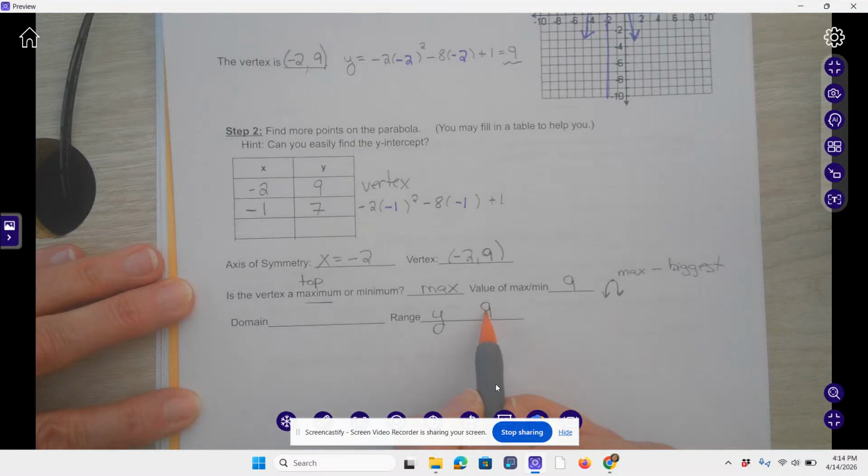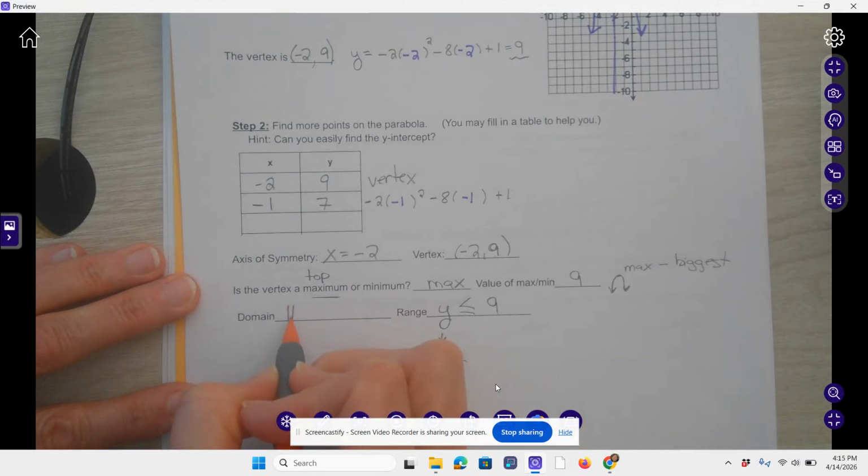That's the biggest y value, so this time I want to put the big wide open mouth by the 9. And I want to say all the rest of the y values are less than or under 9. 9 is at the top. All the other y values are underneath or less than 9. And domain is all real numbers.